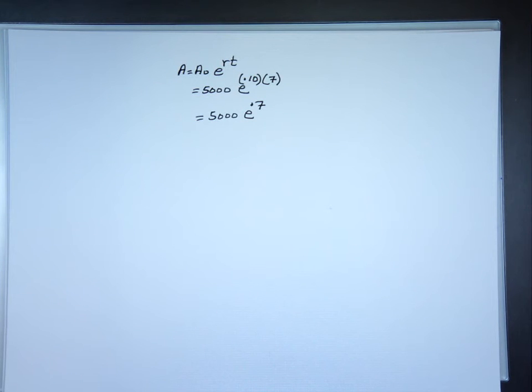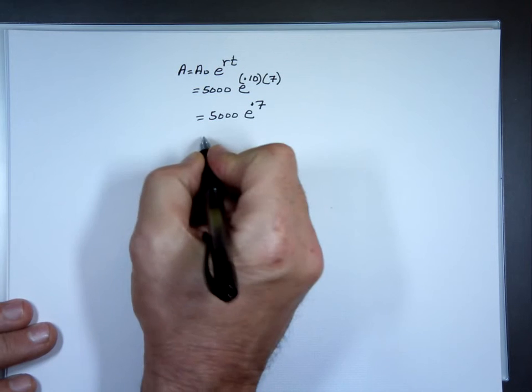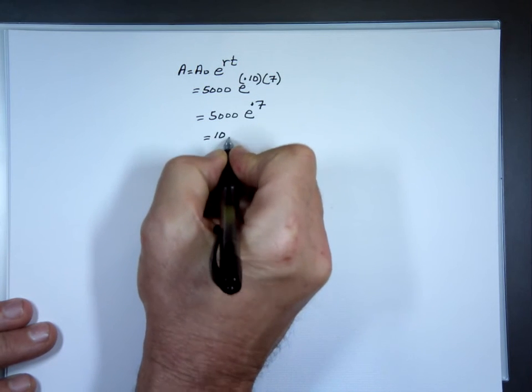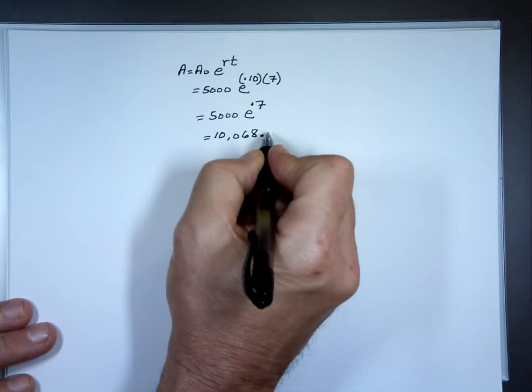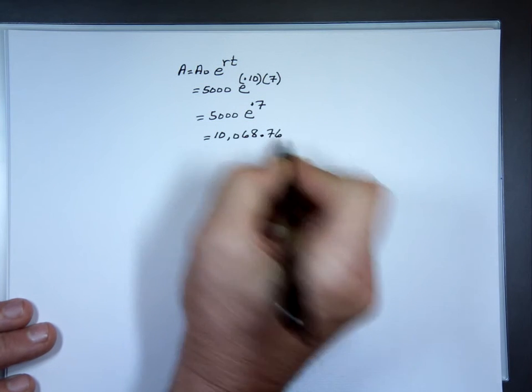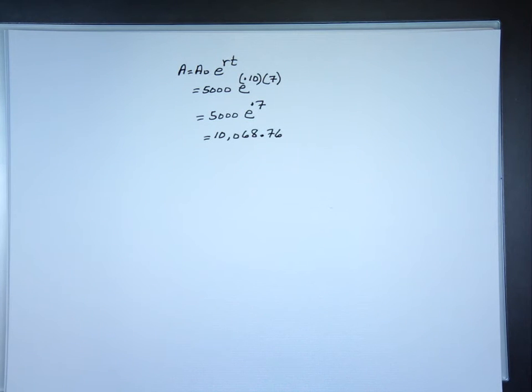What is 5,000 times e to the power of 0.7? 10,068 and 76 cents. We say your money will double every 7 years.